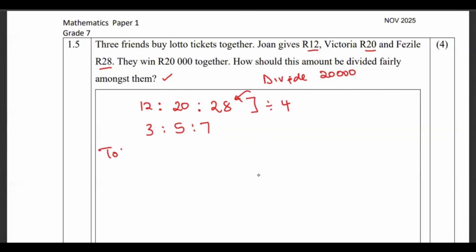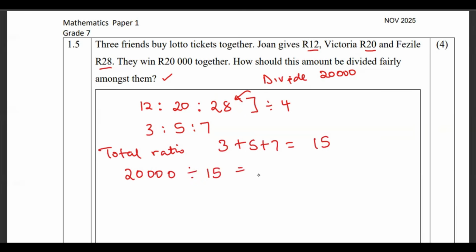Then I'll have a 3, a 5, and a 7. Then I get the total ratio, which is 3 plus 5 plus 7, which gives us a 15. So then I'll divide the 20,000 by 15.